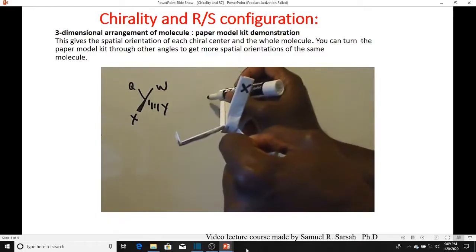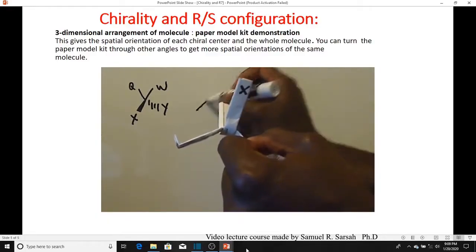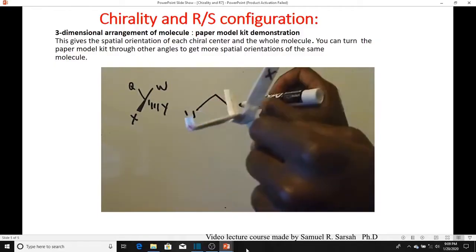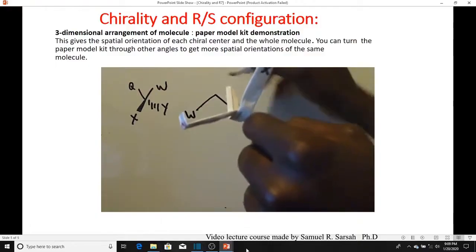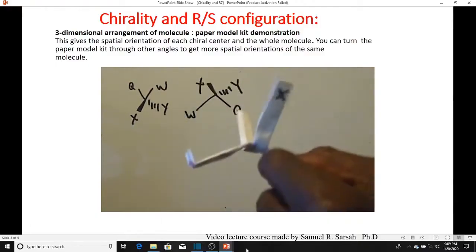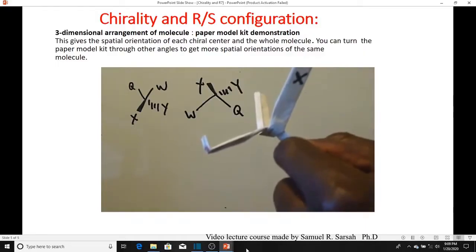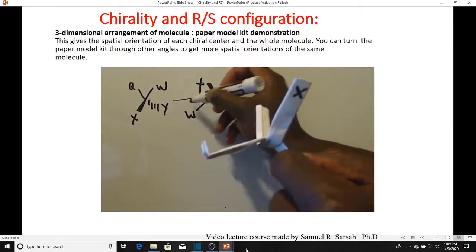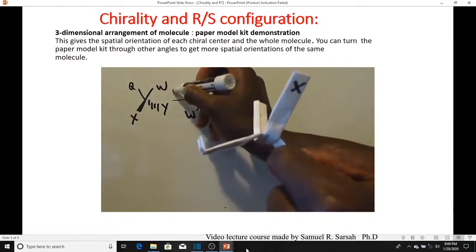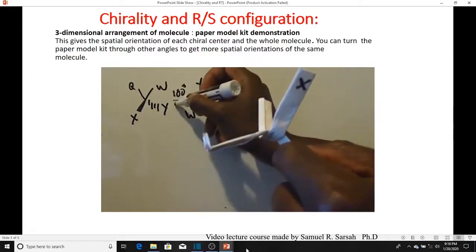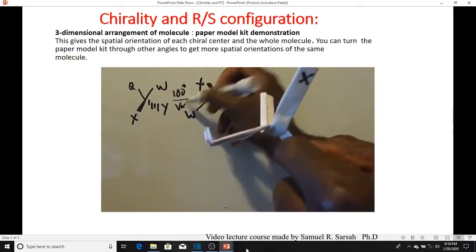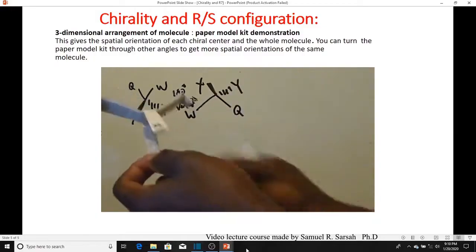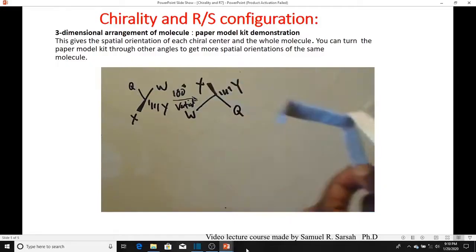So I'm going to get something like this, where now this side is W and this side is Q, and Y is still pointing away from me. Okay, so this is 180 degrees vertical. So back to this, which is this.